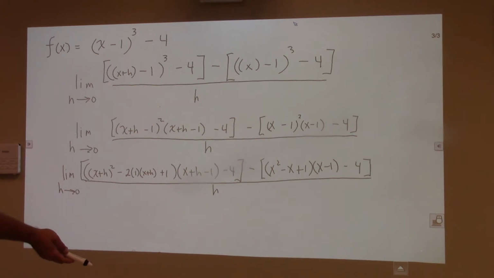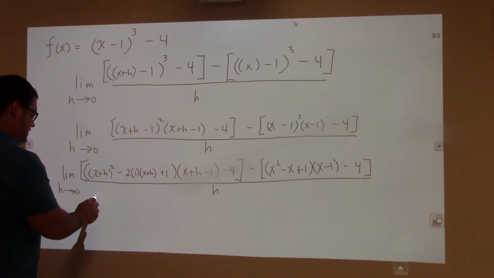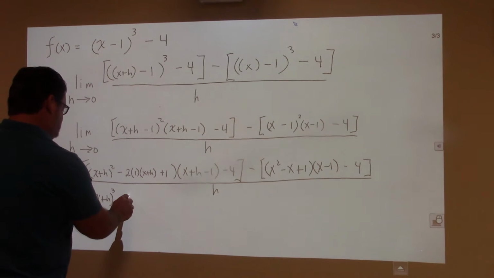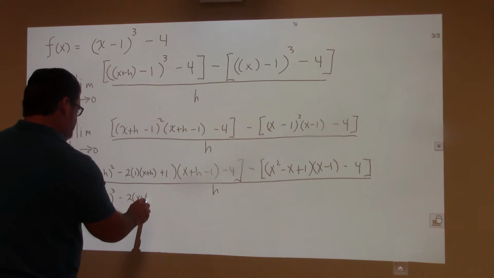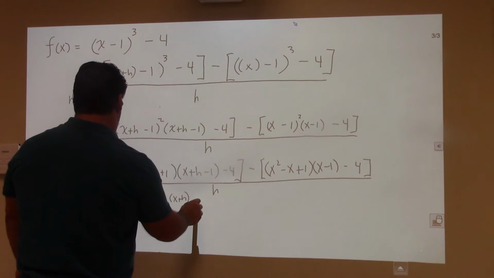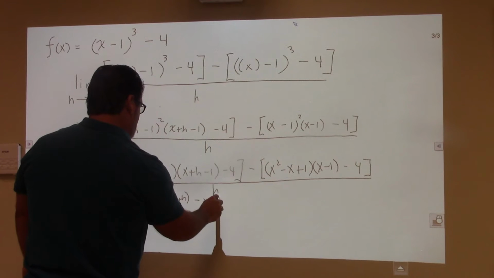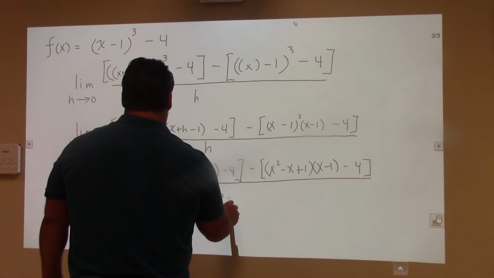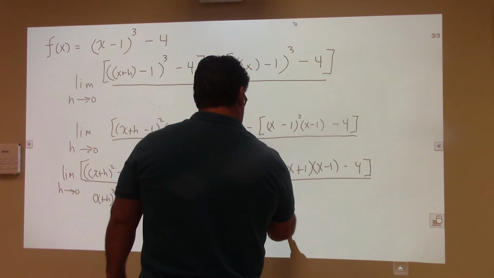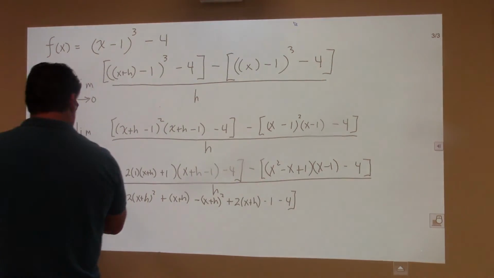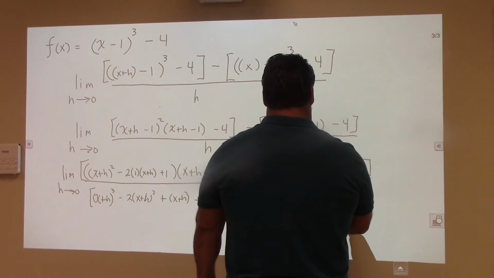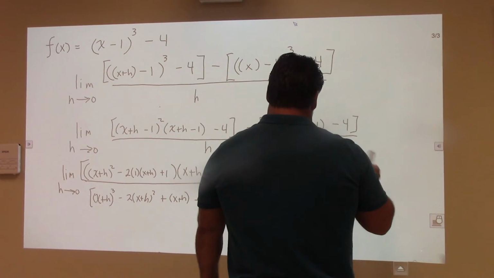So x plus h times x plus h squared is x plus h to the third, minus 2 times x plus h squared, plus x plus h, minus x plus h quantity squared, plus 2 x plus h, minus 1, minus 4, minus x cubed minus, I'm sorry, that's going to be x.